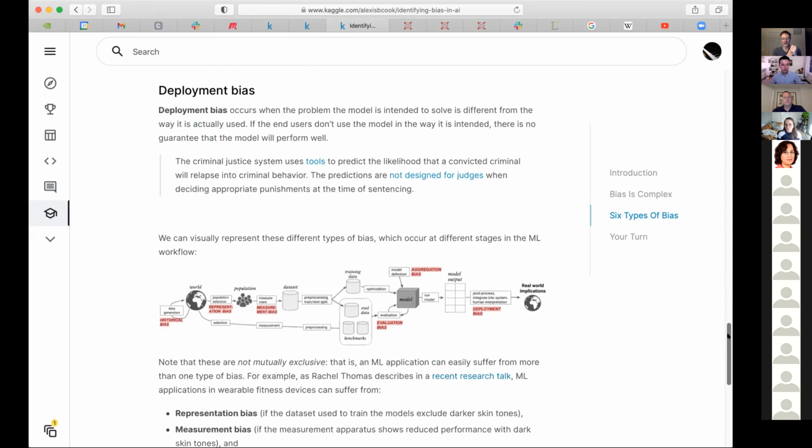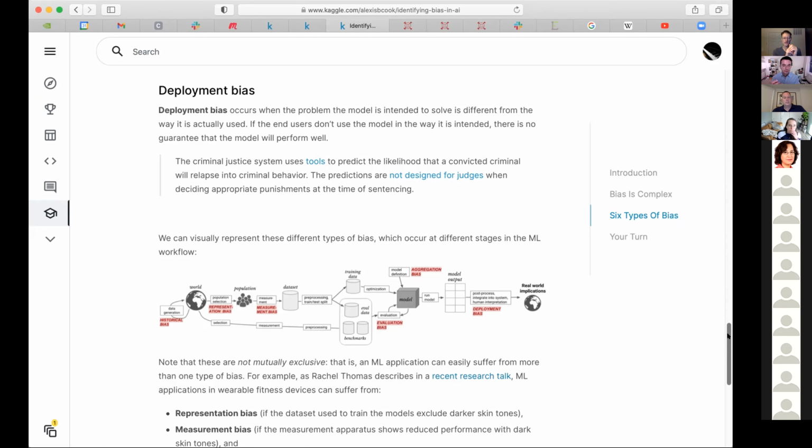And deployment bias. This is when the problem your model is intending to solve is different from the way it's actually used. If you're solving one problem, but your users are using it a completely different way, then you might get undesirable results.